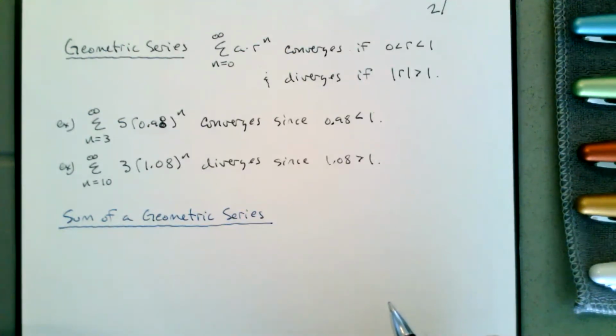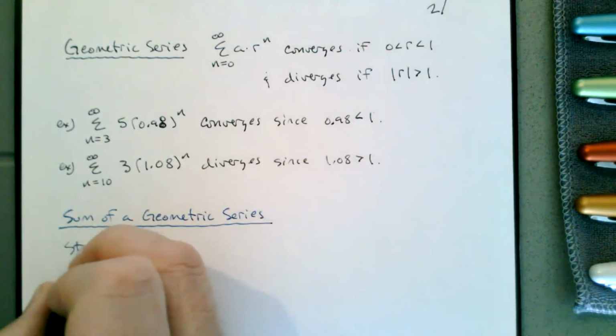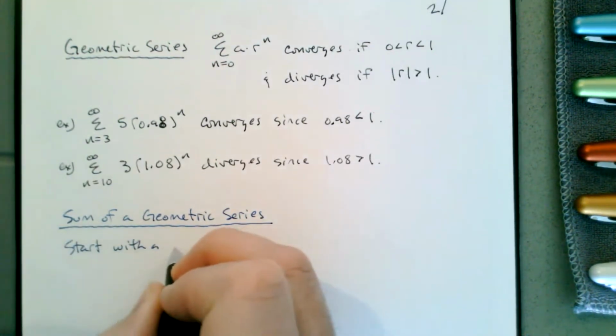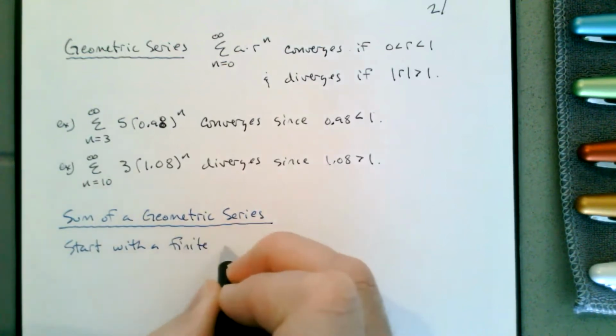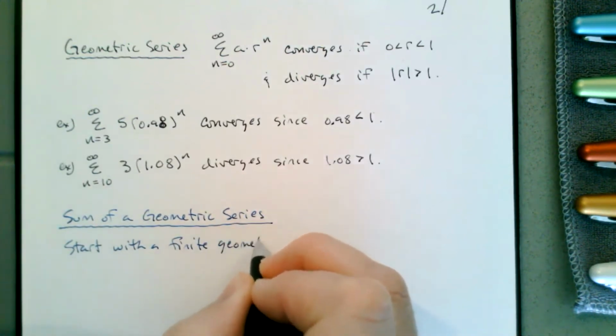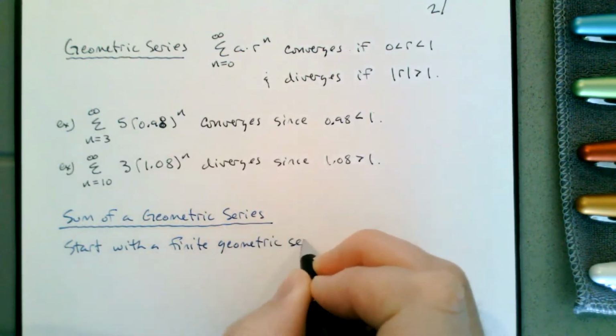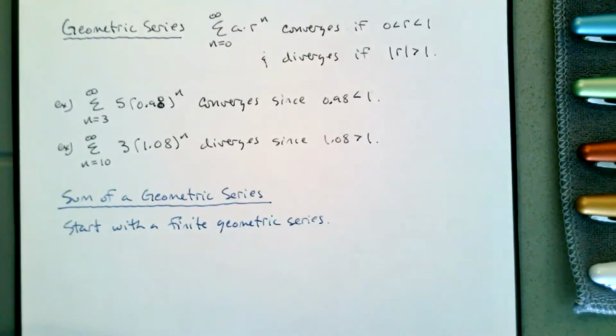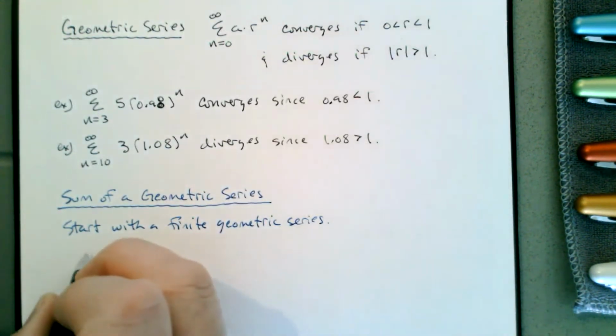To find the sum of a geometric series, we're going to start by looking at a finite geometric series. So I'm just going to write down the first n terms. It's going to be n plus 1 terms. I'm going to write down the first n terms of a series.